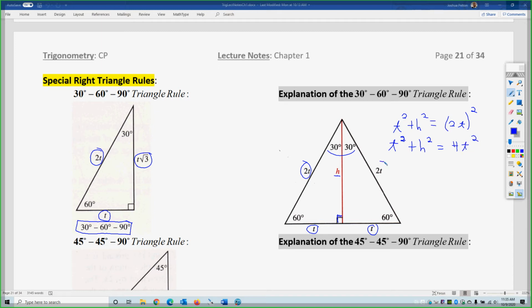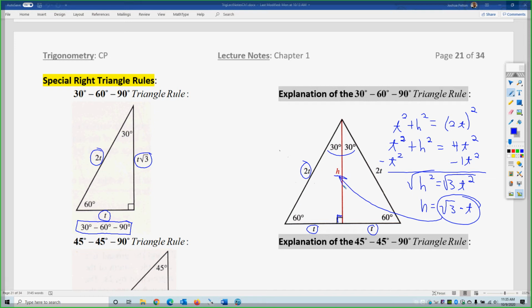Subtract 1t squared, and h squared equals 3t squared. Then we square root both sides, so we get h equals the square root of 3 times t, since the square root of t squared is t. So that tells us why the longer leg is root 3 longer than the shorter leg.